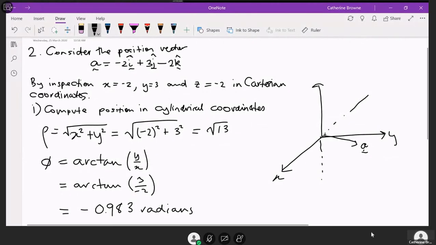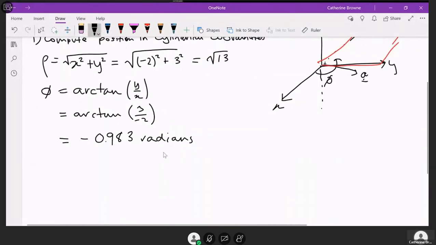And so when you think about your angle phi here, if we're coming off the x-axis, then phi needs to be greater than pi on 2, because we're in this quadrant here, but less than pi, because we haven't swung around into here, but we've passed the y-axis. So minus 0.983 radians is not quite right.